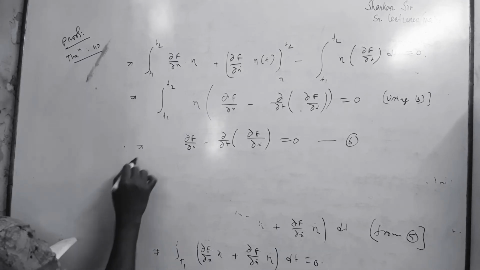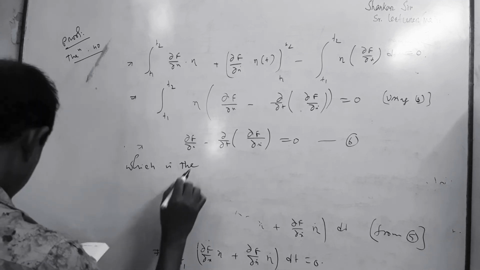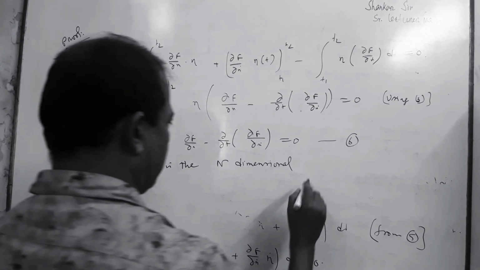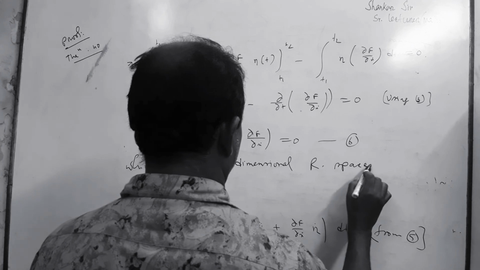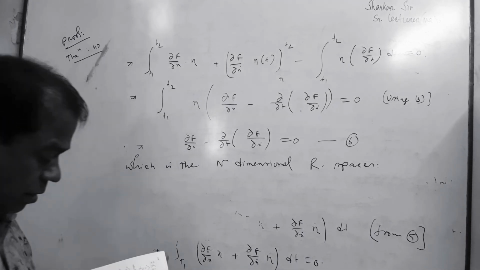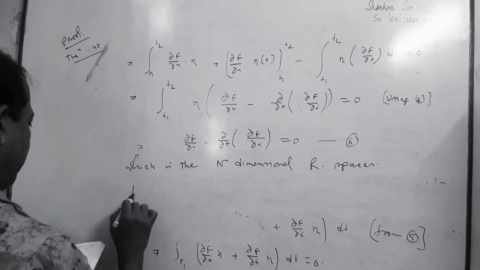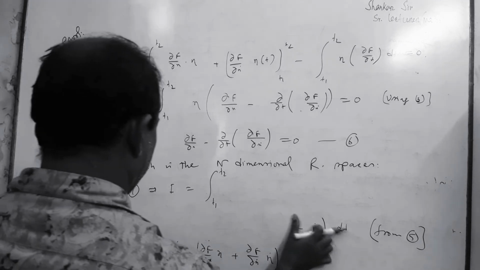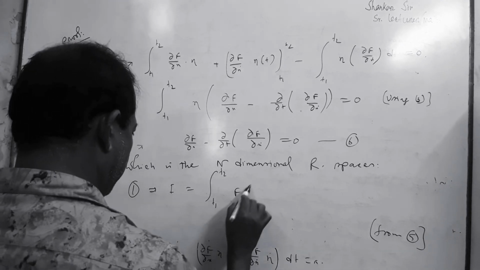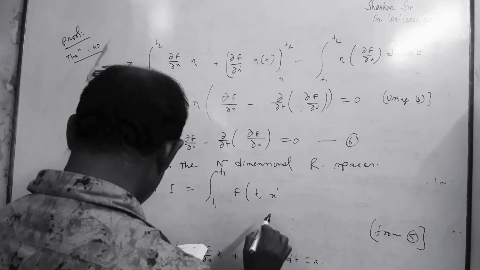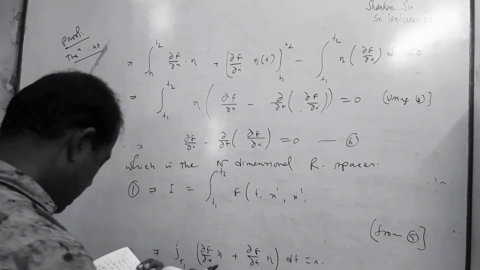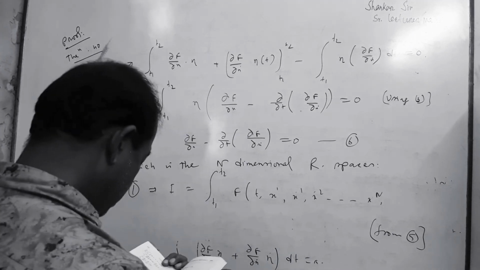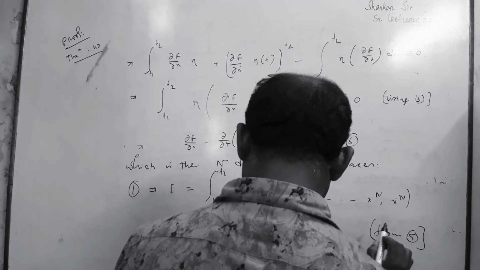So it is the n-dimensional Riemann space, which is the n-dimensional Riemann space, and one implies I equals the integration from t1 to t2 of f of t, x1, x2, up to xn, x dot 1, x dot 2, up to x dot n, in dt.